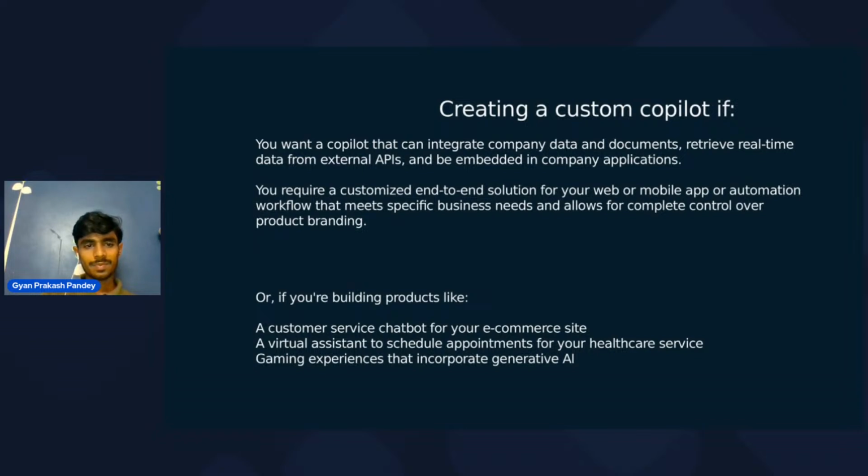Let's suppose you want to create a custom chatbot on your e-commerce website, so you can just go to Copilot Studio. You just have to put in your data, and your copilot is already built with that.